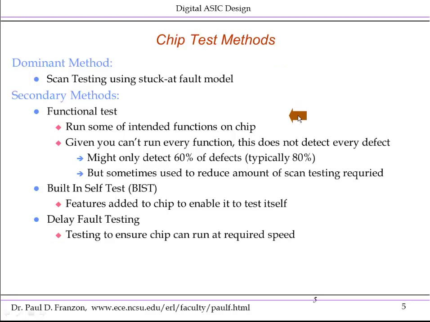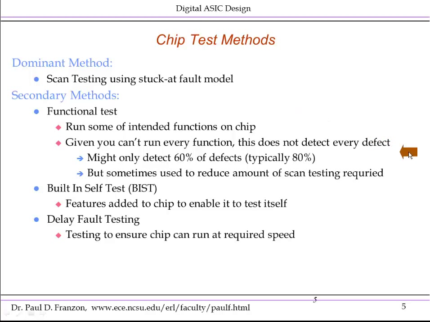Functional tests, where you actually run intended end functions on the chip. Often this is done post-packaging, but sometimes it's done pre-packaging so as to reduce the cost overhead of scan testing. Unfortunately, functional testing doesn't give a very high probability of discovering defects.